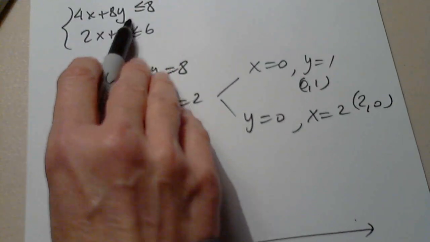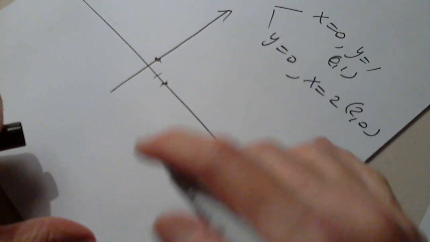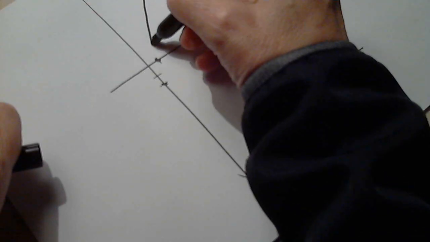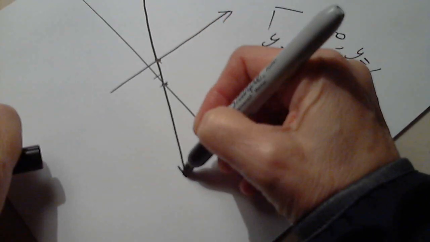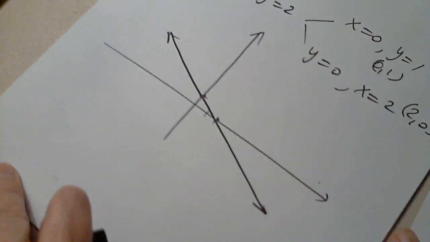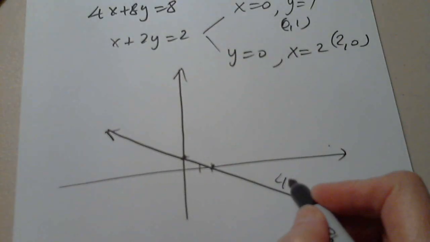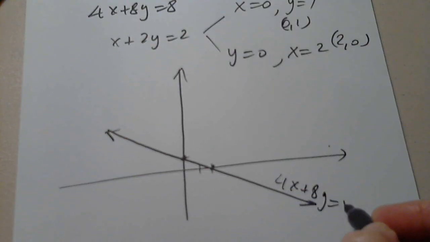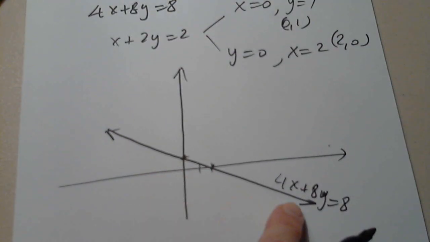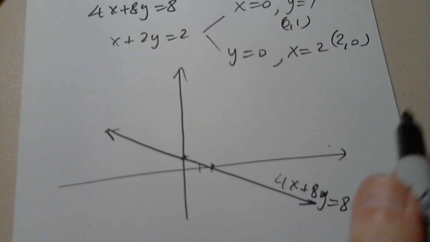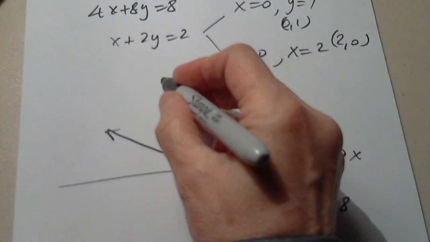Solid? Yes. This is just the equation. Which equation? This one or this one? Doesn't matter. 4x plus 8y equals 8. Do not write the inequality on the line. This is not the inequality. This is just the equation. Good.